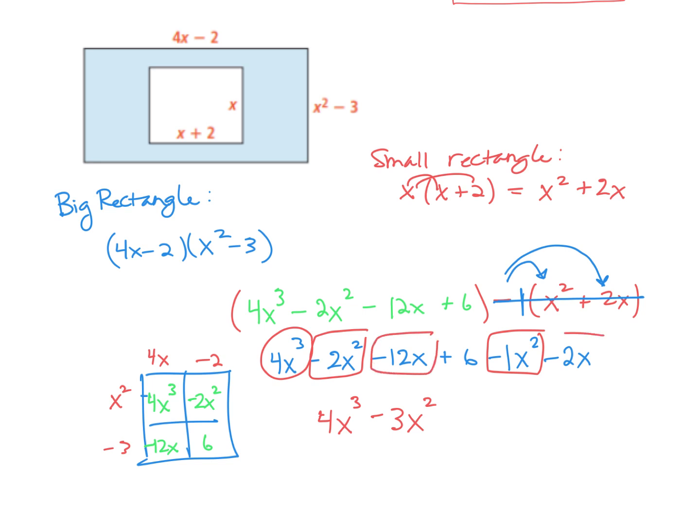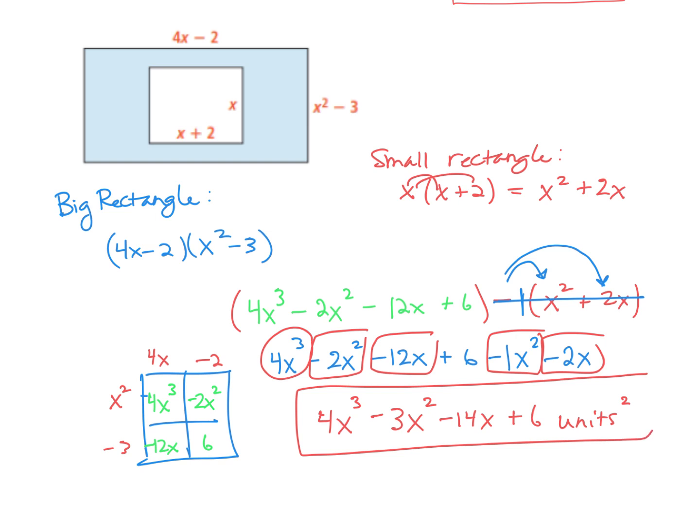Negative 12x minus 2x is a negative 14x. And then we've got that plus 6. So that is the area of the shaded region. We subtracted out that middle rectangle that we removed. And then let's just go ahead and throw a units squared on this because this is an area measurement.